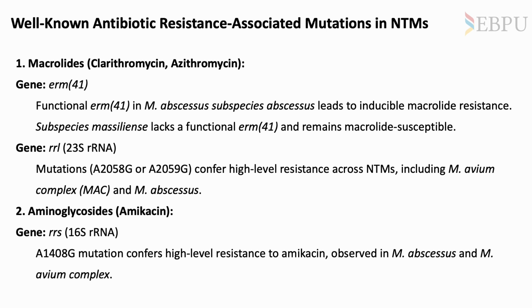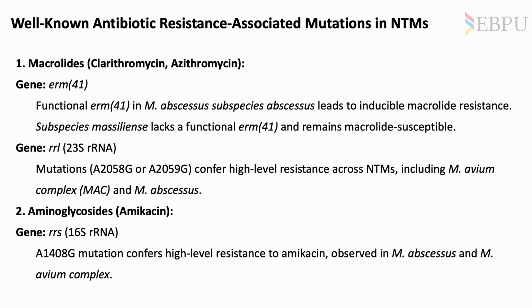Another example is mutation in the rrl gene, or 23S rRNA, especially these codons, A2058G or A2059G, that lead to high-level resistance in MAC, Mycobacterium avium complex, and M. abscessus.